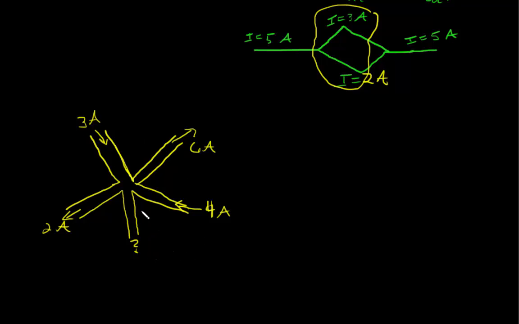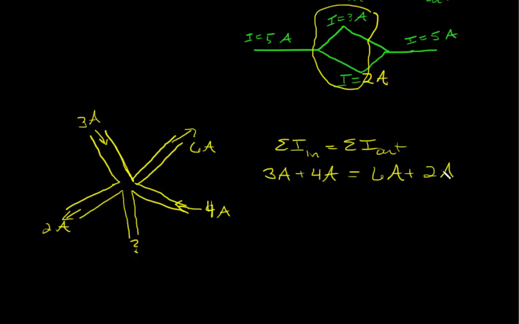All right, so we know it all has to be the same. So what we can do is analyze what's going in and what's going out, because the total current in has to be equal to the total current out. So coming in, we have 3 amps plus 4 amps. And on the other side, we're going to have 6 amps plus 2 amps.